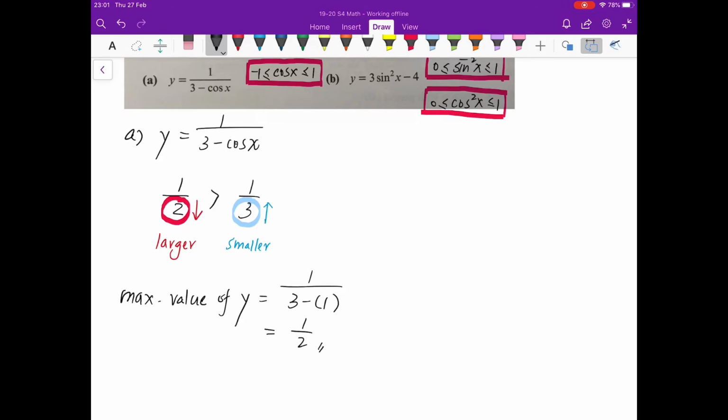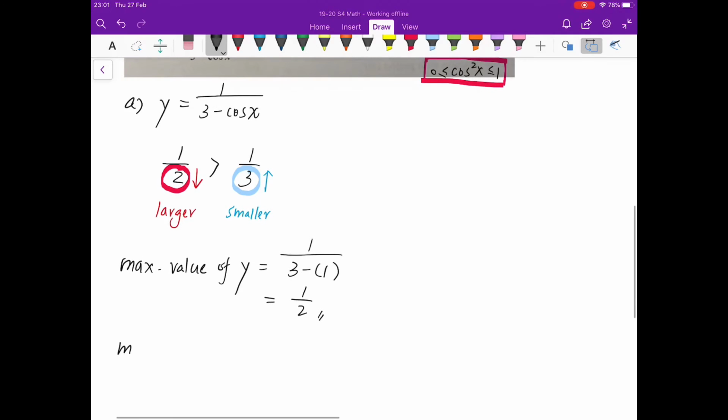As for the minimum value of y, in order to find it, that means we are going to make the denominator become larger. So this time we will put -1. And as a result, the result will be 1/4.